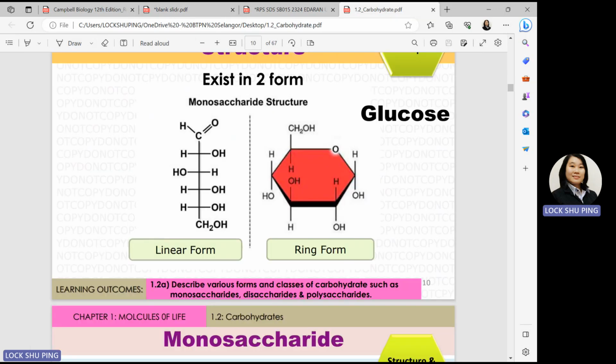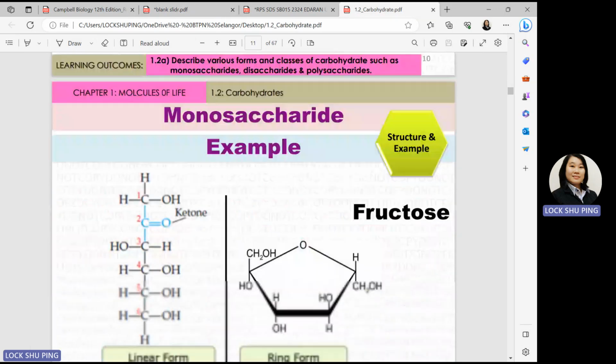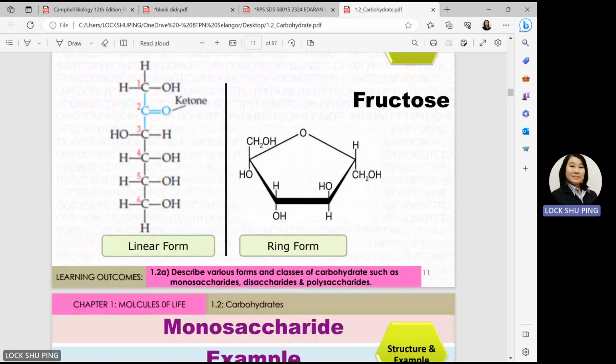Fructose is easier because if you look back to the diagram just now, fructose has a different shape. If you have a 6-carbon molecule in the ring form, then definitely that is a fructose.